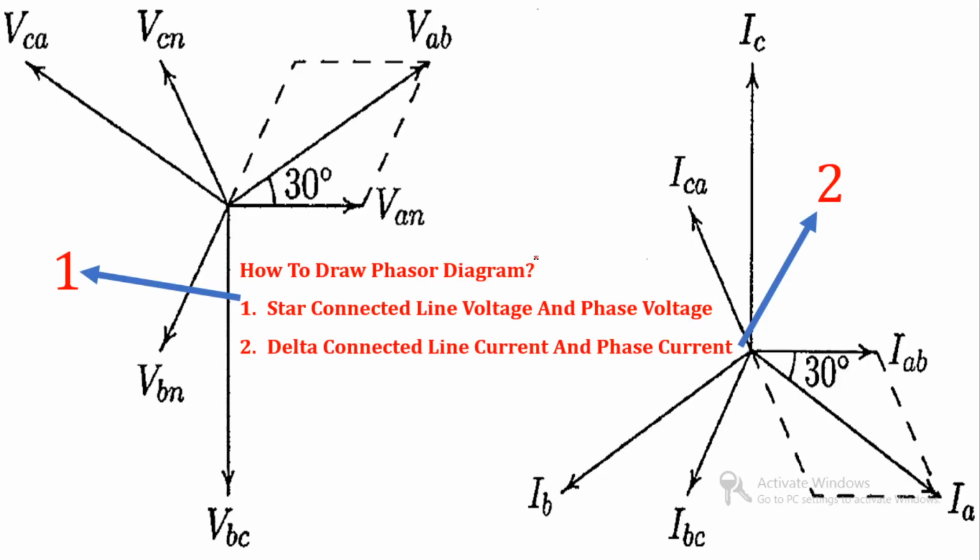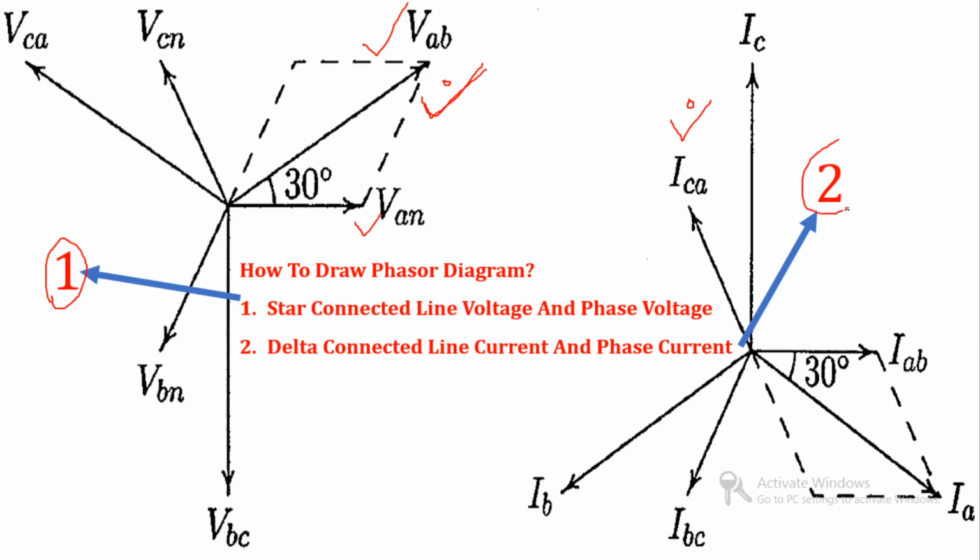So, till now we have learned about the two basic phasor diagrams. This is the first one and this is the second one. You can identify that this first phasor diagram is for star connected line voltage and phase voltage. This is the phasor diagram between star connected line voltage and star connected phase voltage.